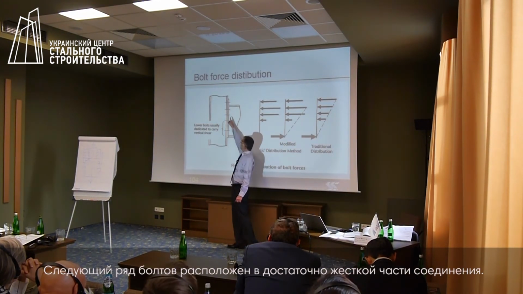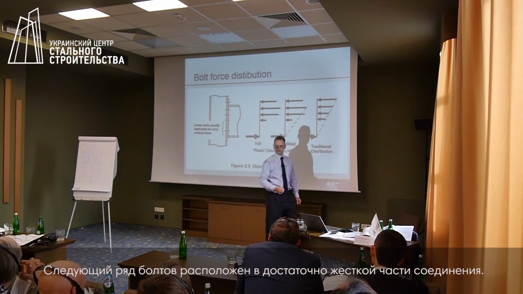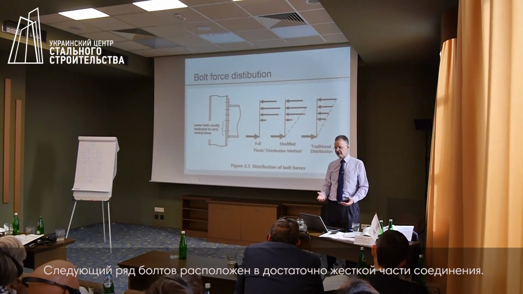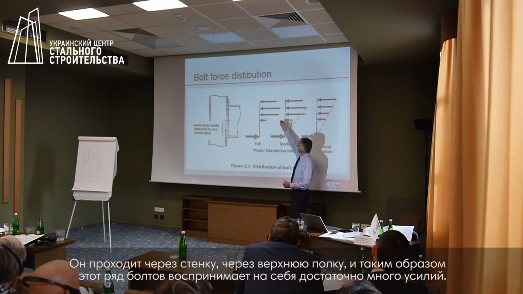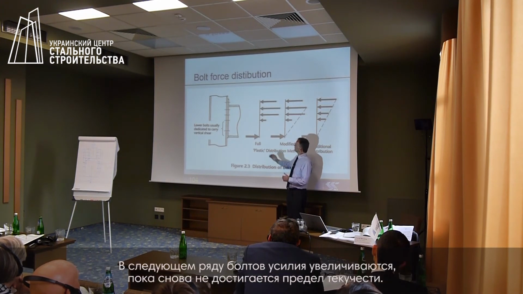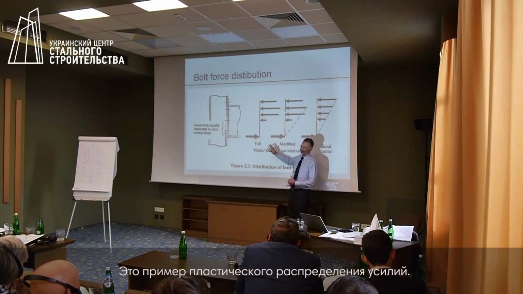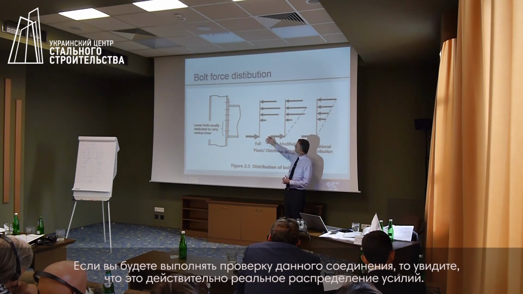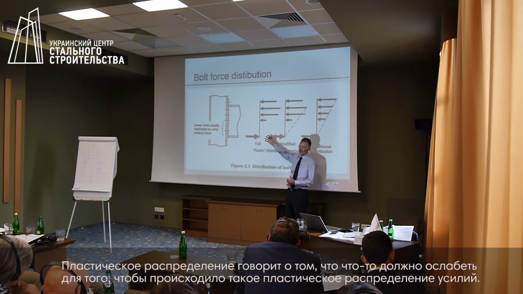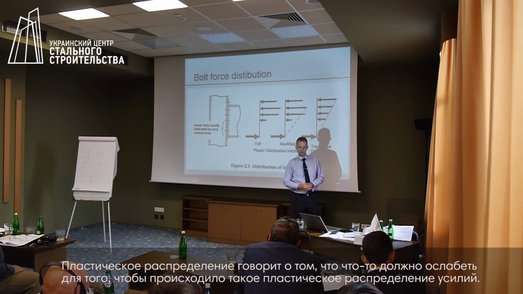The next row of bolts is in a fairly stiff area. It's got the web, it's got the top flange, so it attracts a lot of force. And the force in that row of bolts increases until something starts to yield, and then force is distributed to the next row. So that will be a plastic distribution, and this, if you test the connection, is typical of the distribution of force. So this is a realistic distribution of force.